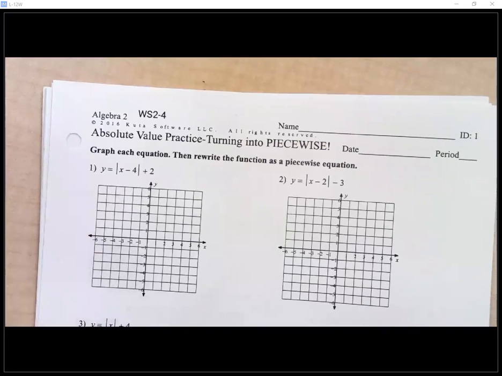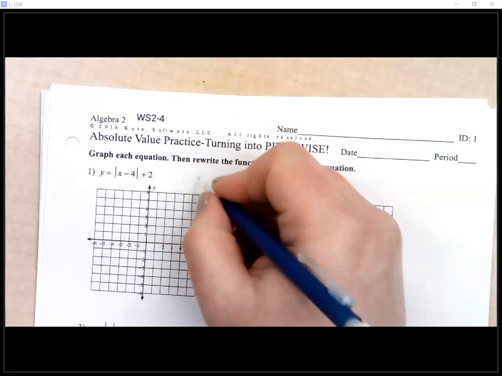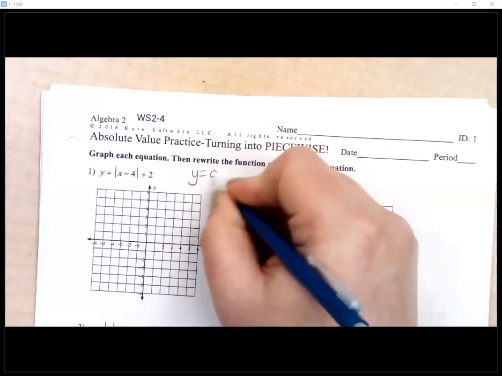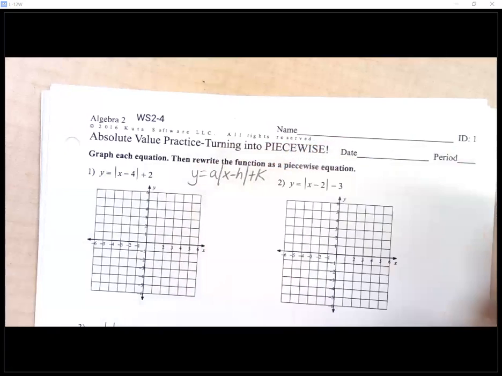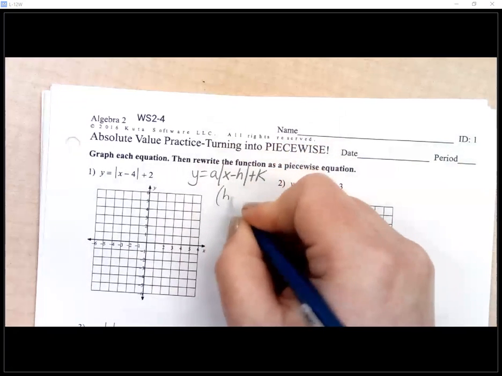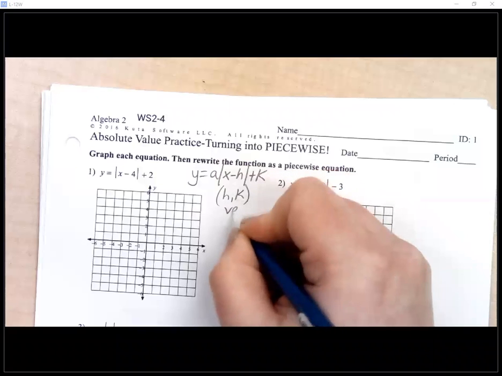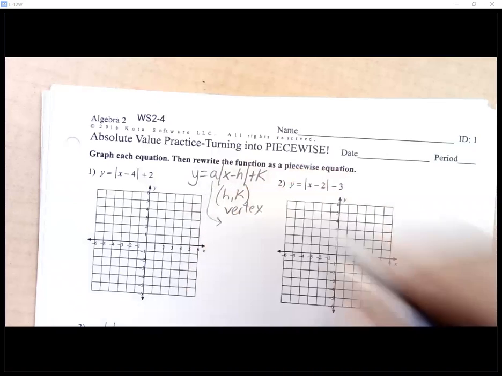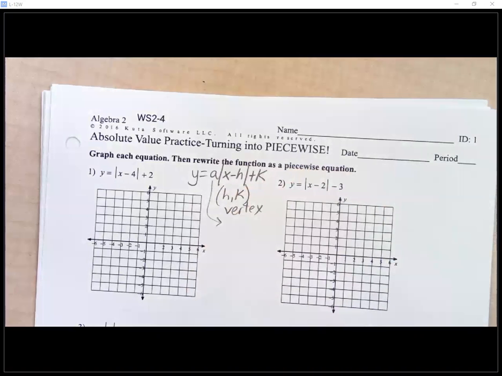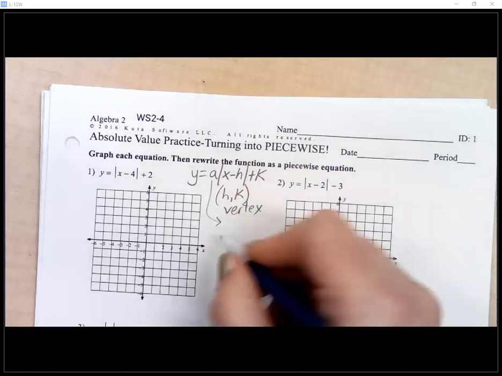If you recall, this was the general formula. A times the absolute value of x minus h plus k. Remember that? And then the point h comma k is our vertex. And then what was the deal with this a? What is that thing? That's the slope of the right-hand branch.